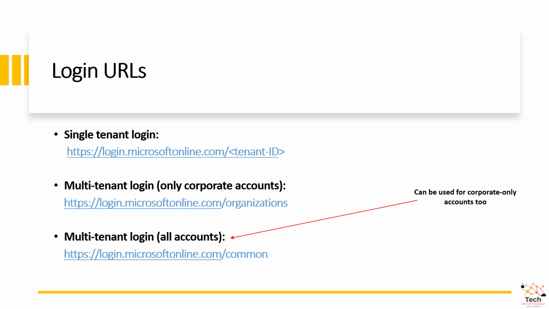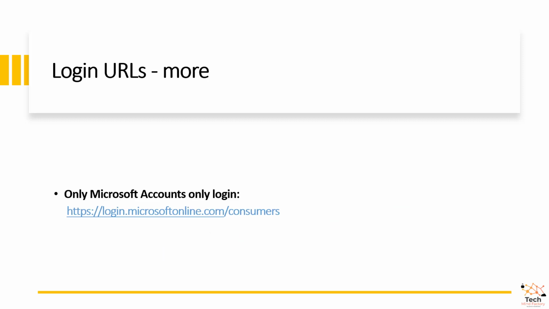So we can use the common endpoint also for multi-tenant apps, which can be used only by the corporate accounts registered in a Microsoft Entra ID tenant. One more, only Microsoft accounts login: login.microsoftonline.com/consumers. As I mentioned, this one is not used very often. When it comes to multi-tenant applications in Entra ID, it's more about the corporate accounts and logins.